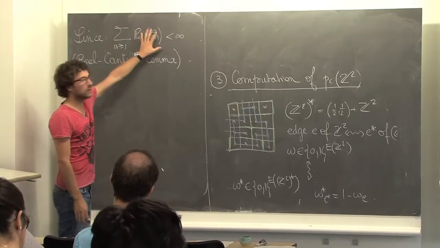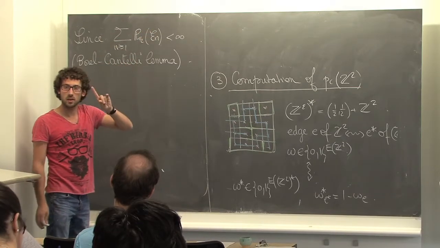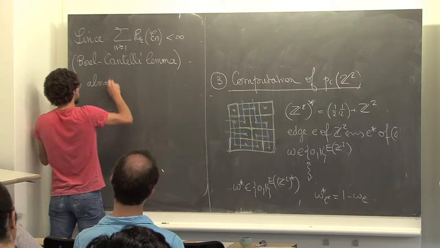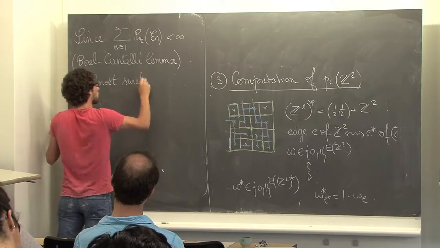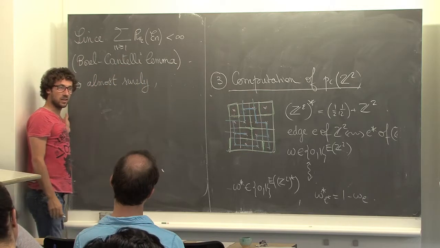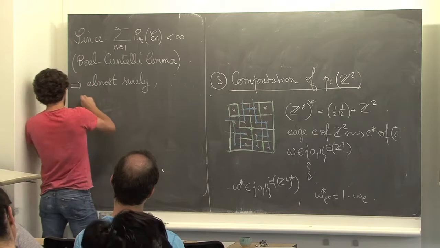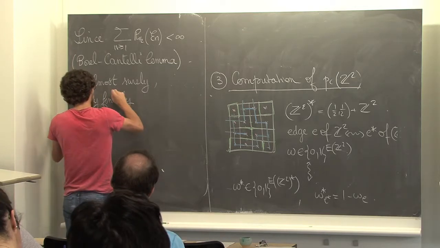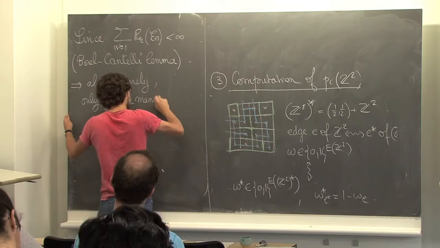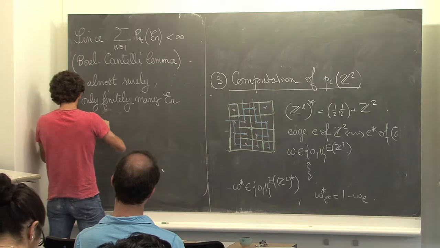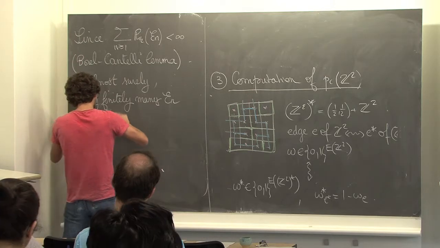It says if this thing occurs, then almost surely, only finitely many E_n occur simultaneously.